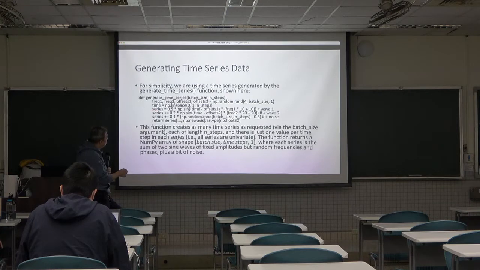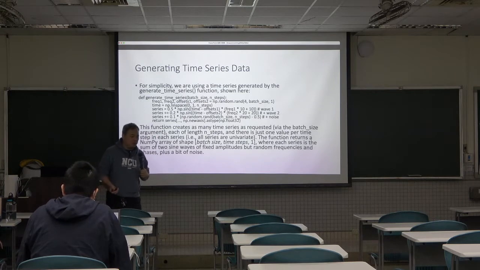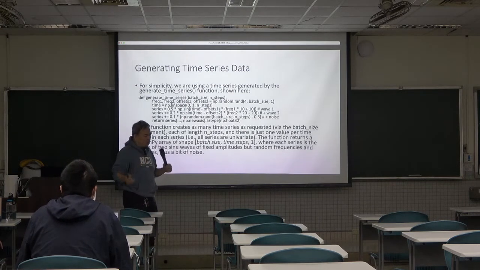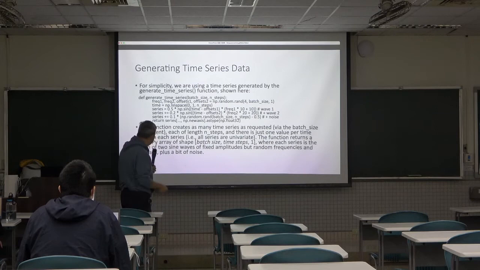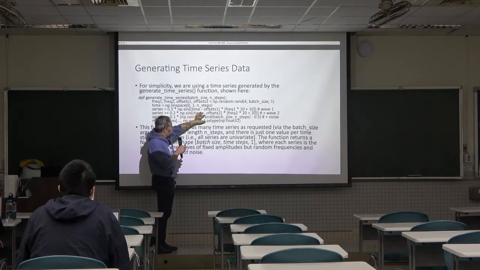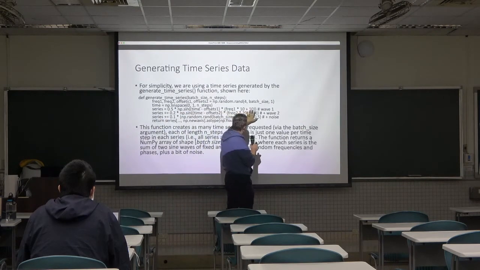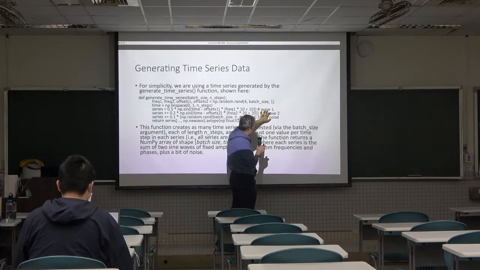Then you can see series equals 0.5 times sine. You should be familiar with trigonometric functions, like sine, cosine, those things. So this is sine of pi times time minus offset 1 times the frequency 1 times 10 plus 10. This represents wave 1.